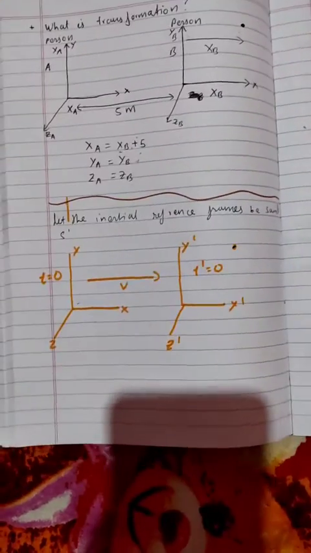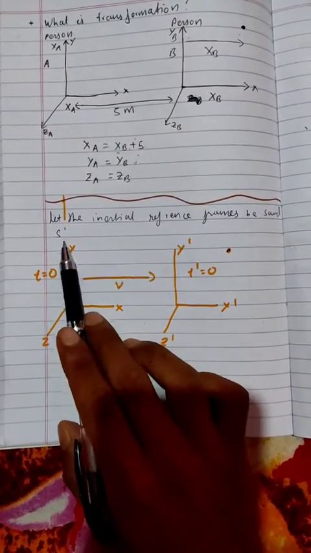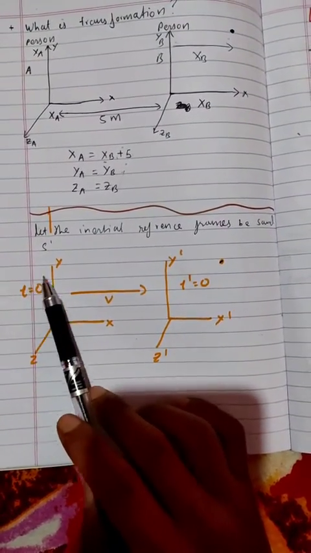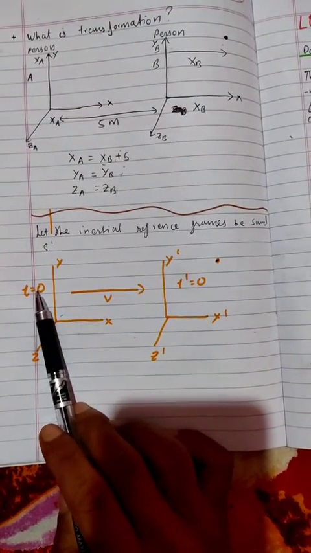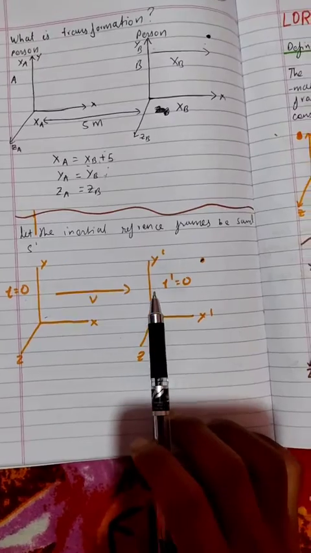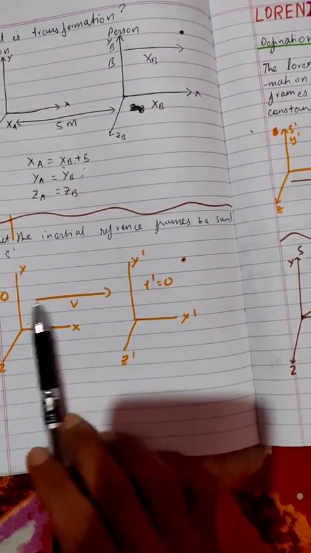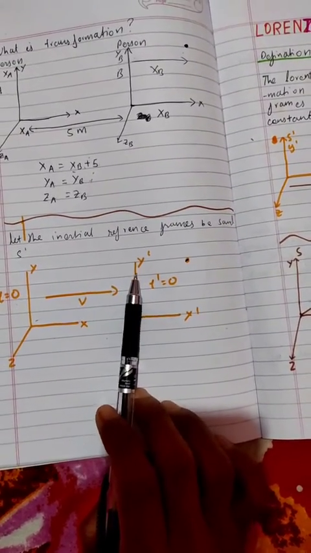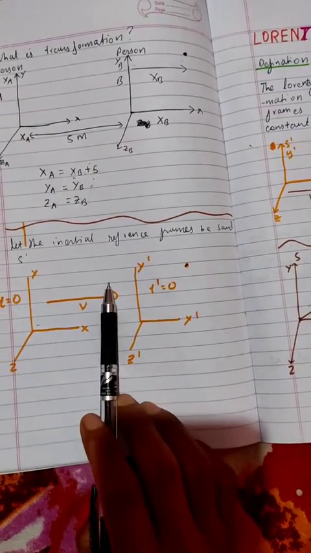Here let the inertial reference frames be S and S prime. The time of one frame is t equals 0, and the time of the other frame is t prime equals 0, as both have the same time and the same speed of light.